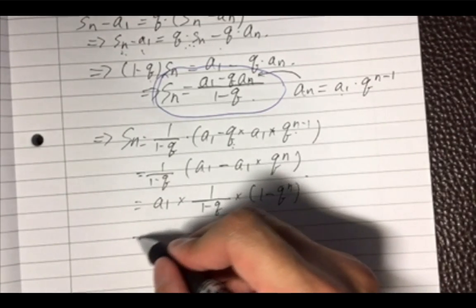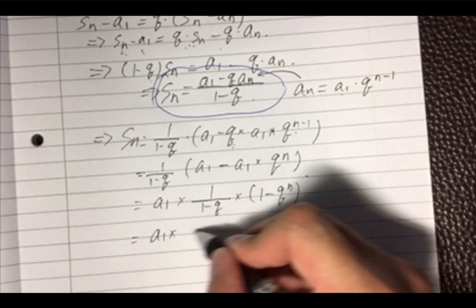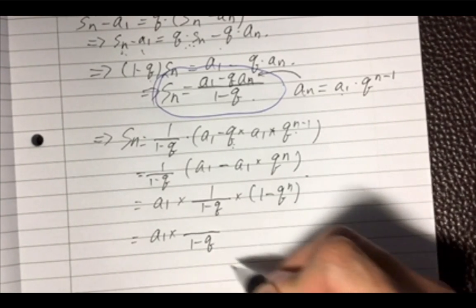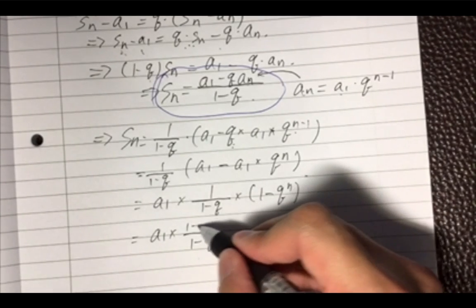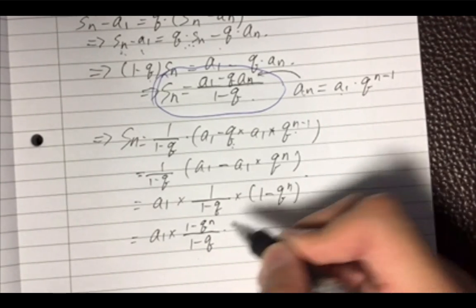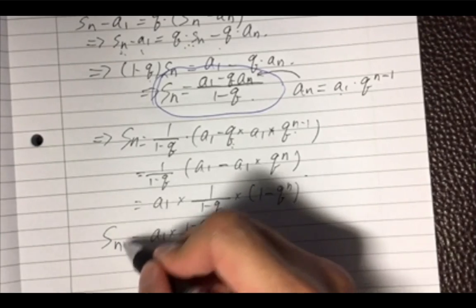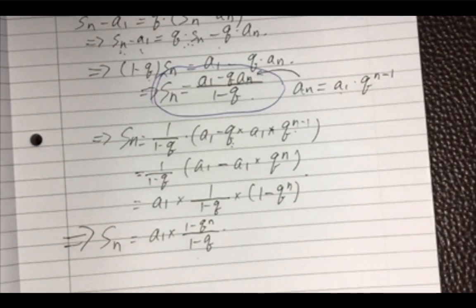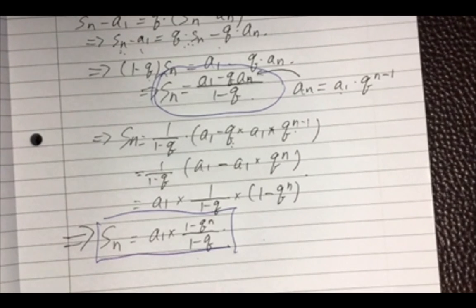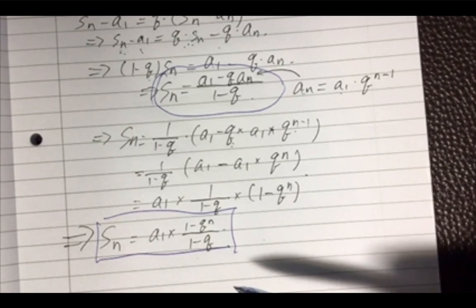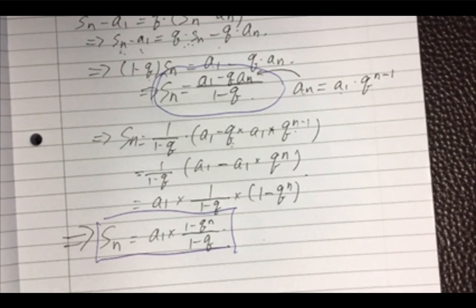And eventually we get a1 times (1 minus q to the power of n) over (1 minus q), and this is Sn eventually. So everything here, we can use it to solve our equation above, which is something like 10 to the power of minus 1, minus 2.